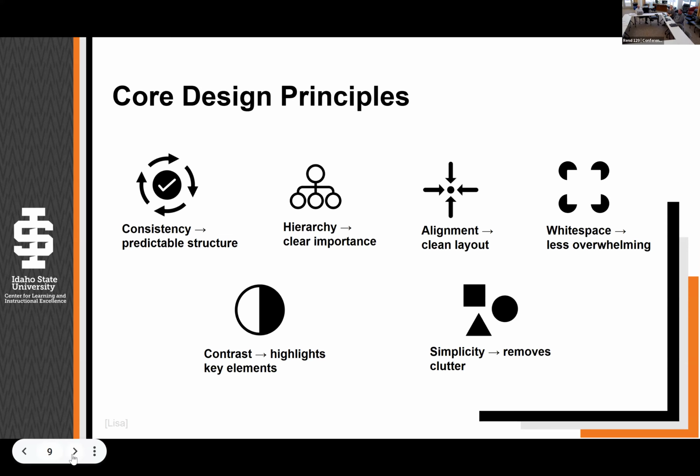So here are some principles. Consistency. As you think about your course and you work through your course, anything that you create should have a consistent, predictable structure. We kind of set you up in Canvas for that. We gave you a navigation menu and we put that into the course.